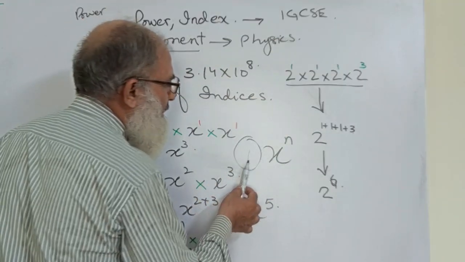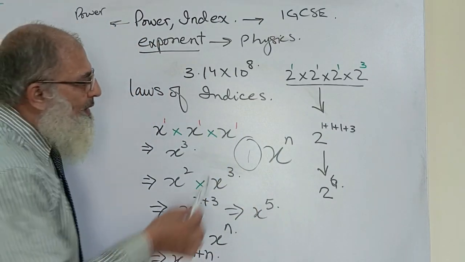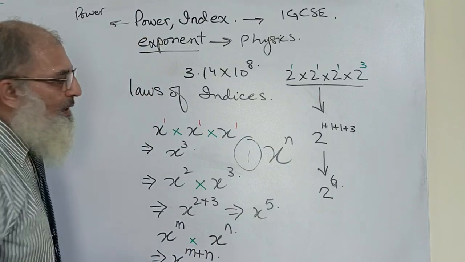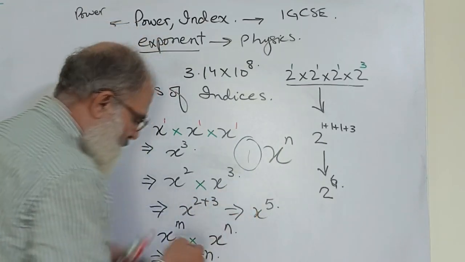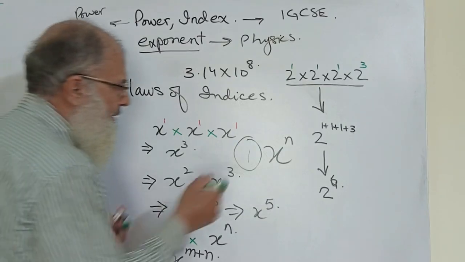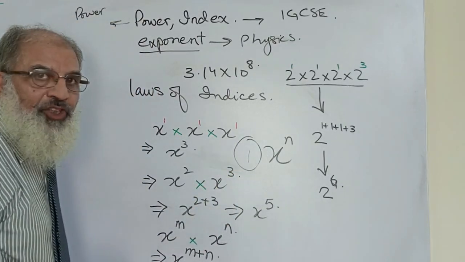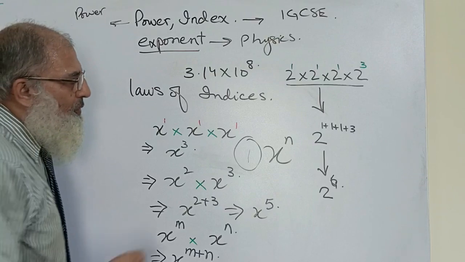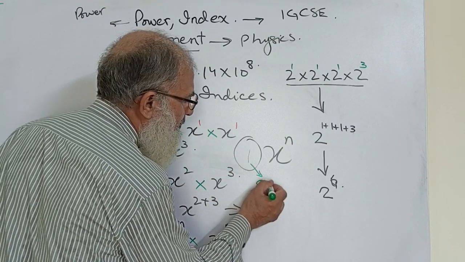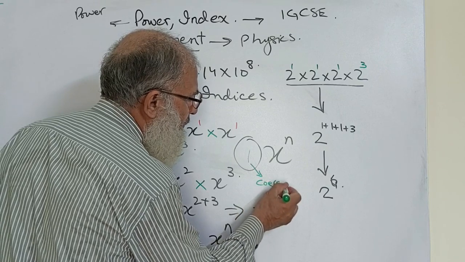So my dear students, always remember that 1x raised to power n means that 1 is the coefficient. If it is not written, I have intentionally written it a little dim. It is the coefficient.